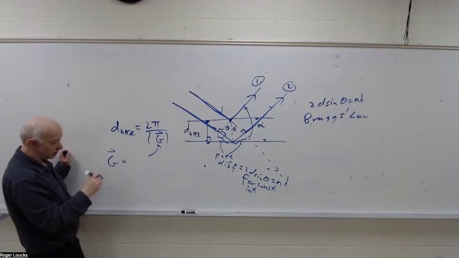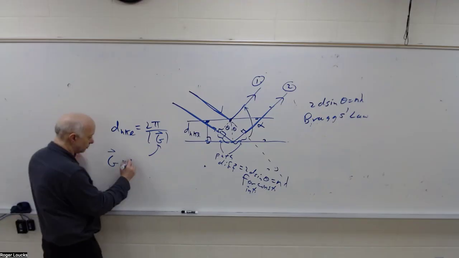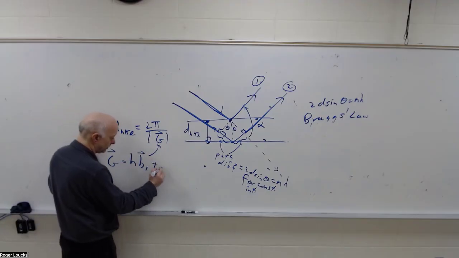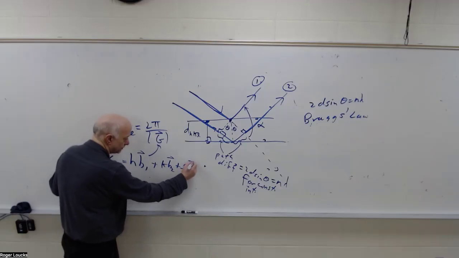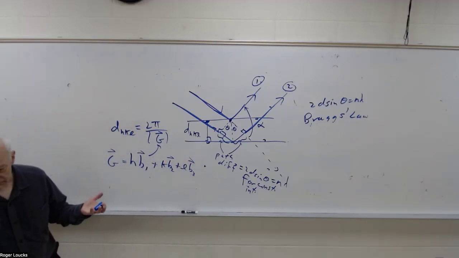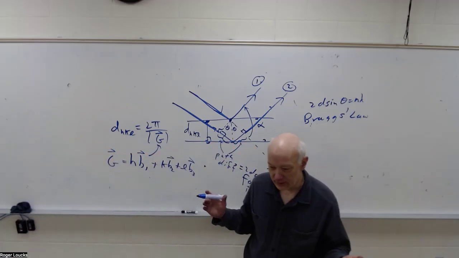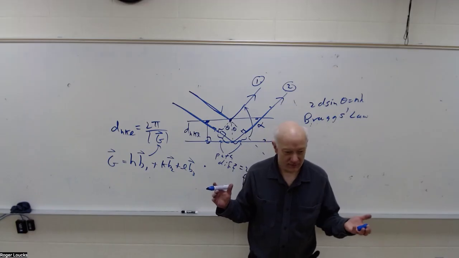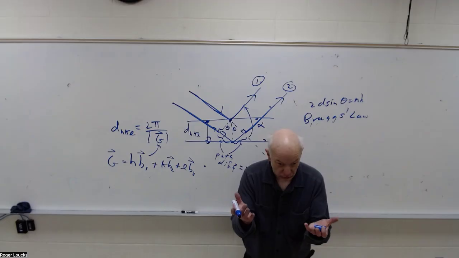It's always perpendicular to the plane, and this equals what? How's it related to the B's? This is your H B1 plus K B2 plus L B3. And what are your B's? The reciprocal lattice. They're related to the A vectors, which are the vectors you use to construct your lattice.